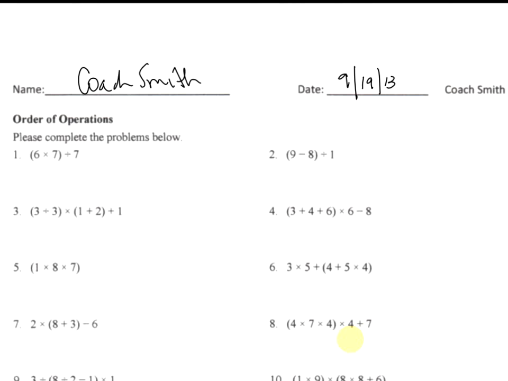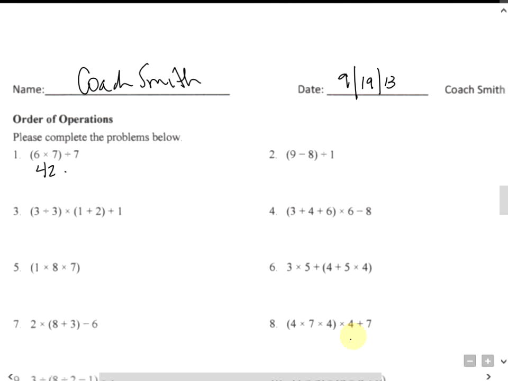Number 1 says 6 times 7 in parentheses divided by 7. Okay. What do I do first? Now we're actually completing these. We're taking it all the way down. Okay, what do I do first, Lily, darling? 6 times 7. Okay. Quade, what is 6 times 7? 42.